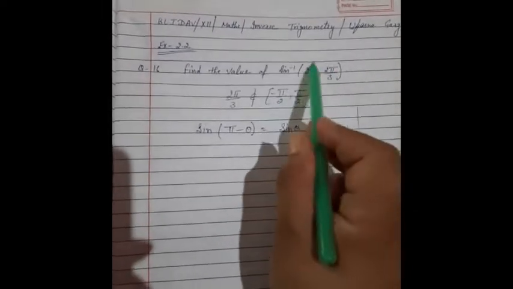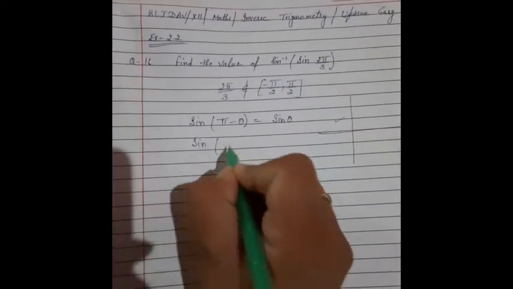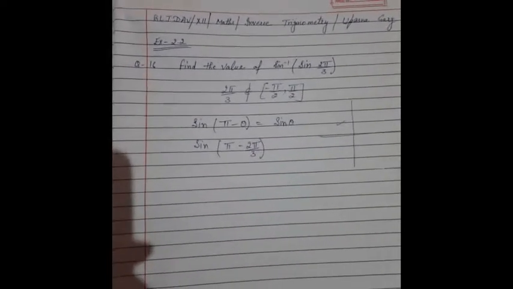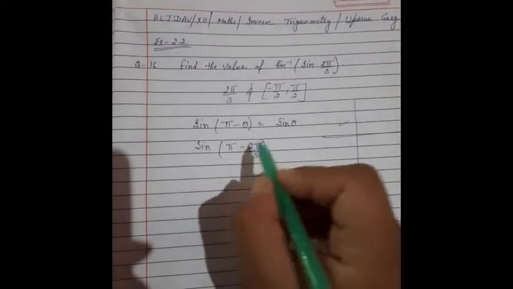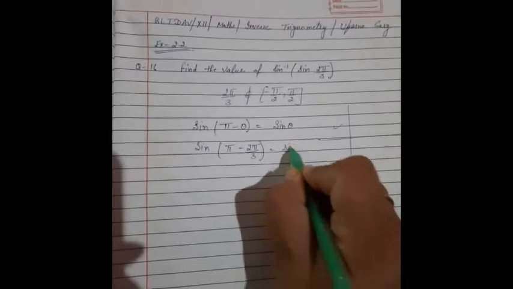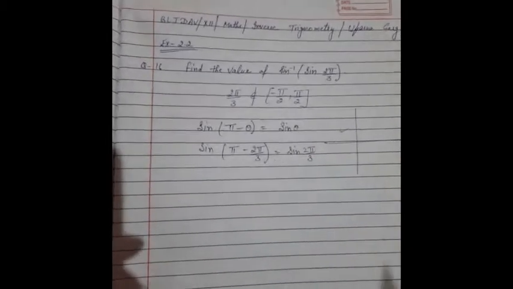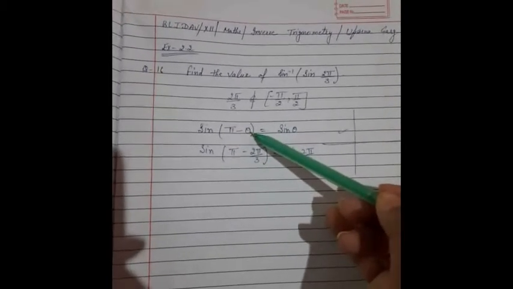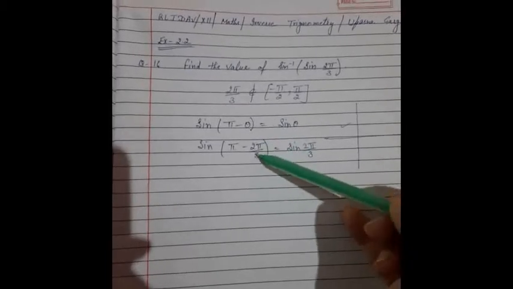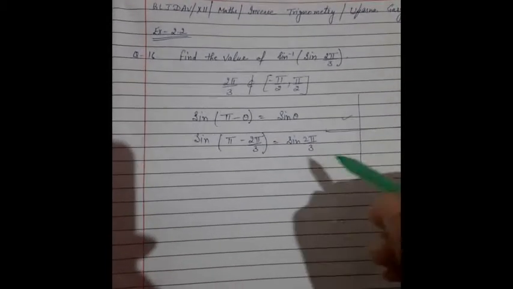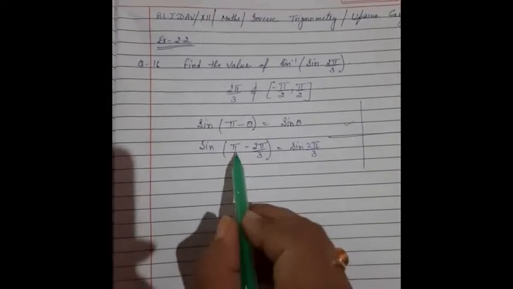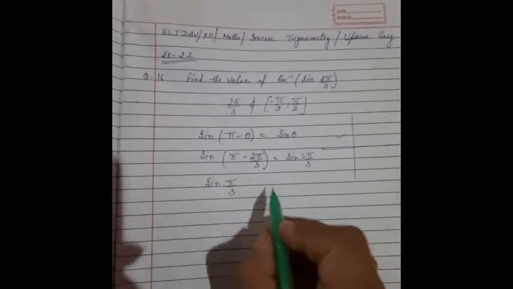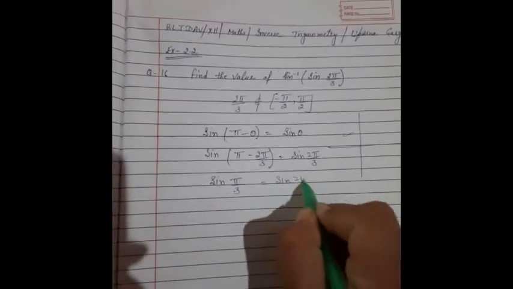So you can change sine 2 pi by 3. If sine of pi minus theta equals sine theta, that means for sine 2 pi by 3, pi minus 2 pi by 3 is pi by 3, so sine pi by 3 is equal to sine 2 pi by 3.